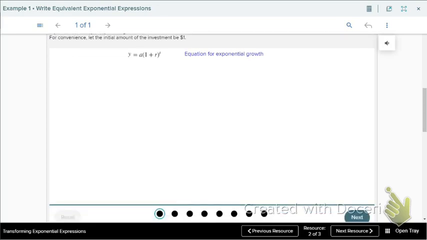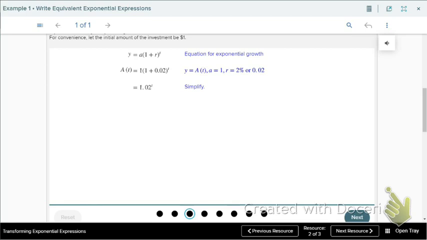So they wrote the equation, the initial amount, which we decided was going to be $1. The bank account that we're looking at is the one that had 2% annual interest. So 2% is the same as 0.02. It's getting compounded, that means it's growing. So we had to do 1 plus the 0.02 raised to the t, since it's just happening once a year.